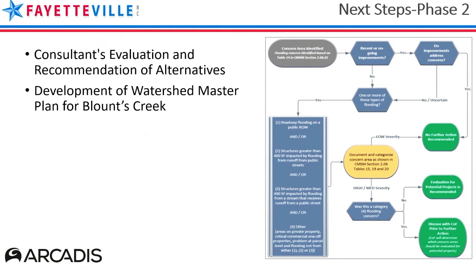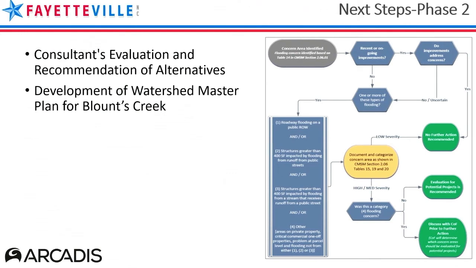It includes several steps, but it's based primarily on the severity of the problem as defined by lengths of lanes closed from flooding, hazardous crossings using depth times velocity, how many structures and what type of structures are impacted, if there are any essential facilities impacted, and access concerns. And then we also look at stream concerns in a separate flow chart.